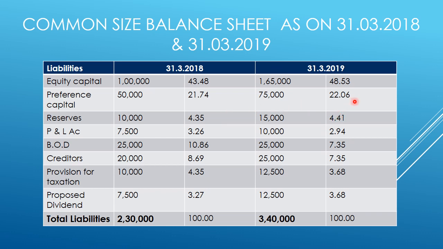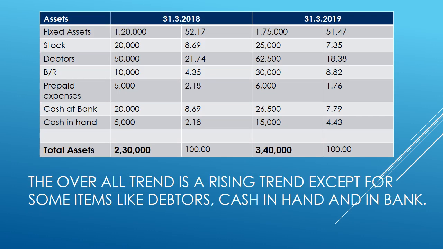It was 21.74 and it is now 22.06. So hardly there is a 0.3% rise in the preference capital. So common size statements help you in getting the true picture of the financial scenario of the organization. Since this was the liability side, we can also do this for the assets side.